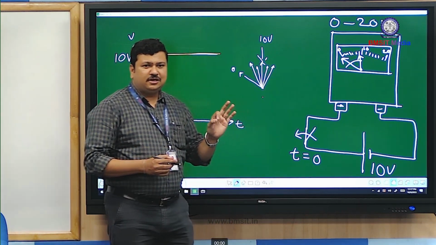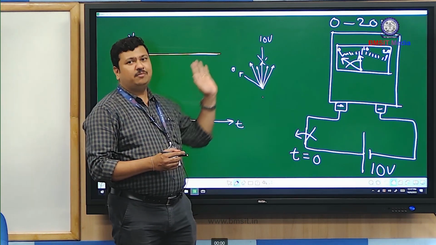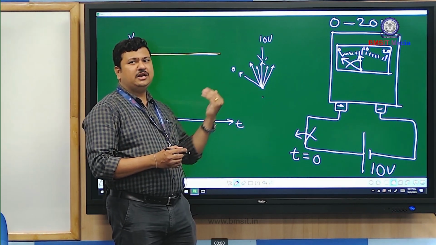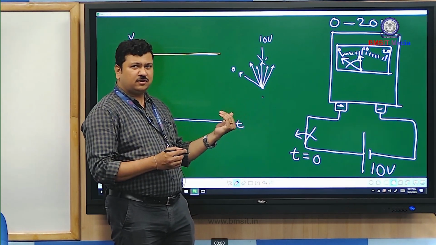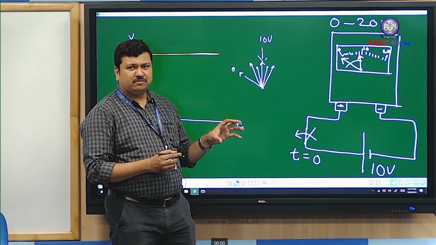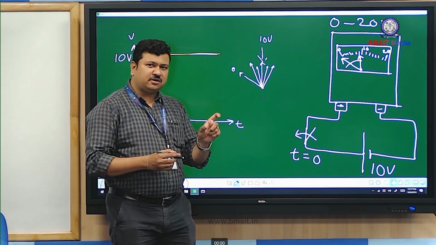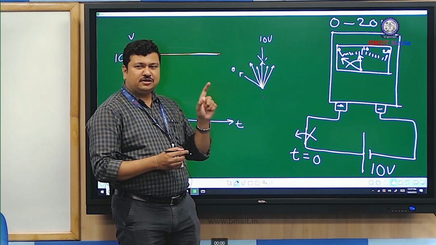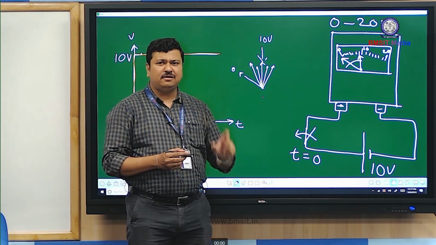For an instant it may show a voltage above 10 volts, then it may come below 10 volts, again some above 10 volts, some below 10 volts, and after some amount of time, though that time is very short, this pointer will show exactly 10 volts.